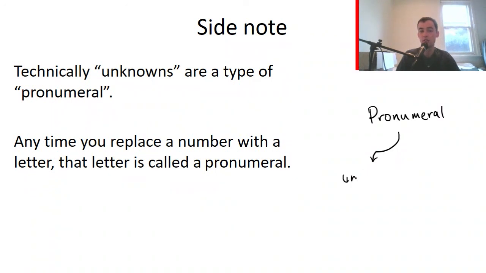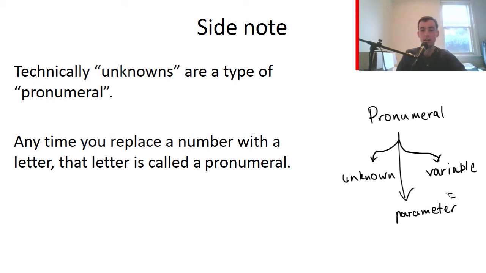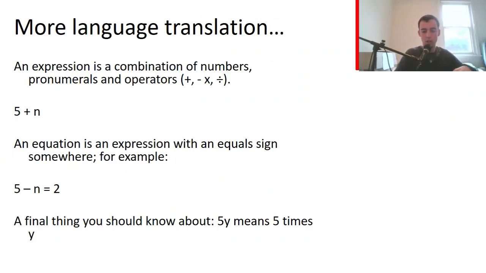Some are called unknowns. So the one we just did is actually a type of pronumeral where we don't actually know the number because we didn't know the price of the kebab. Another one is variable. And there's another one called parameter, but you won't learn that until much later, I would think. Okay, so what we're looking at now is unknown is a type of pronumeral.